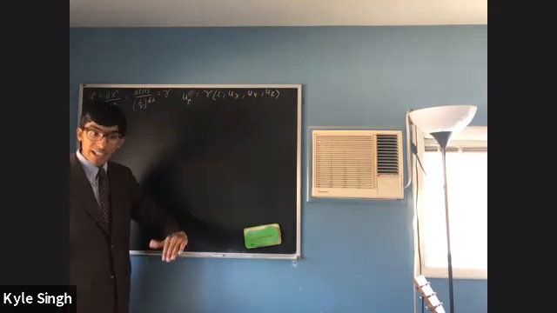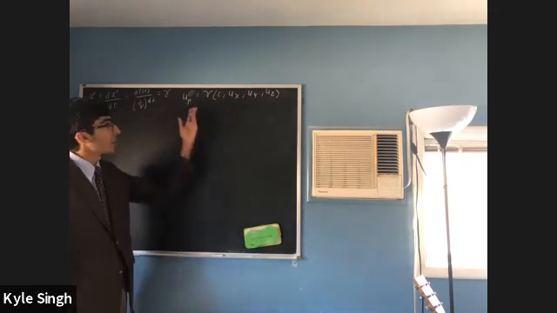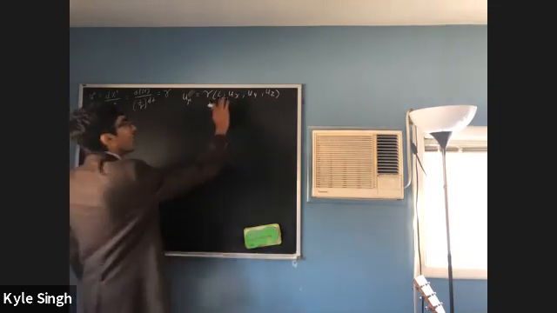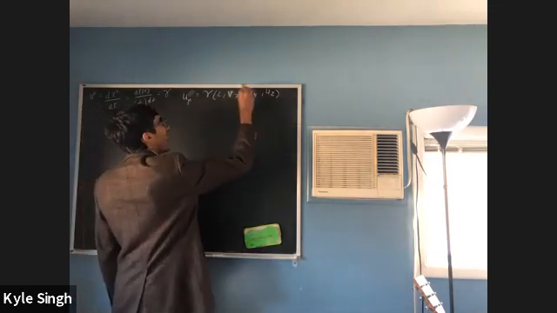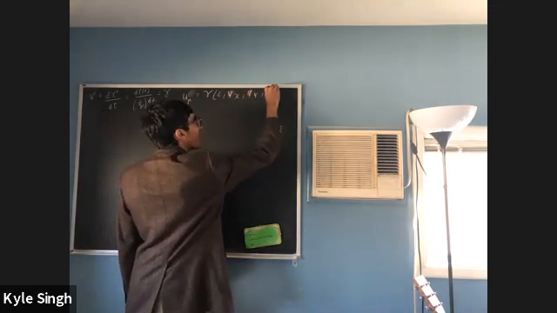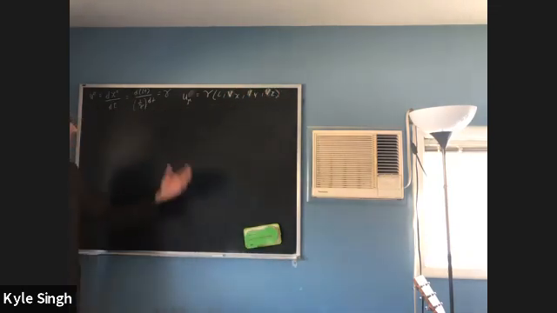Remember, lower index is a row, upper index is a column. So just to be more precise. And this is my four-velocity. Very simple. I just have that factor of gamma.